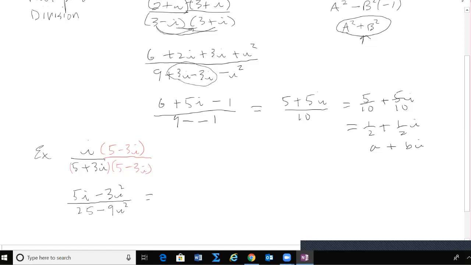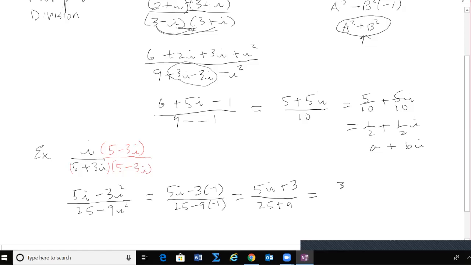Okay. And now that numerator is 5i minus 3 times negative 1, so i squared is negative 1. And 25 minus 9 times negative 1, because that's i squared. So this is 5i plus 3, and down here we have 25 plus 9. So let's straighten this out.